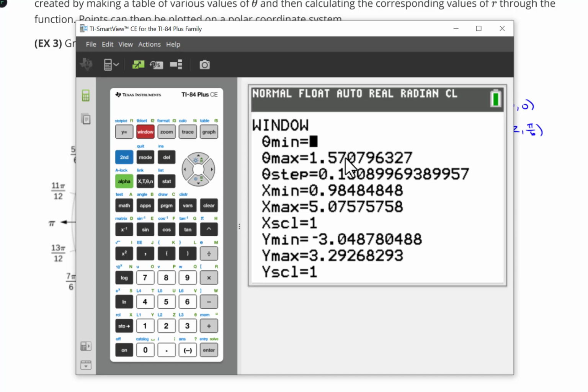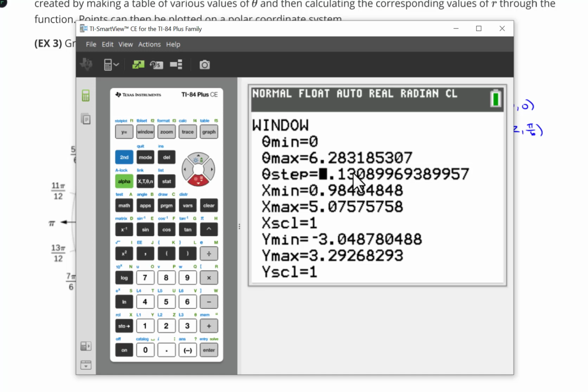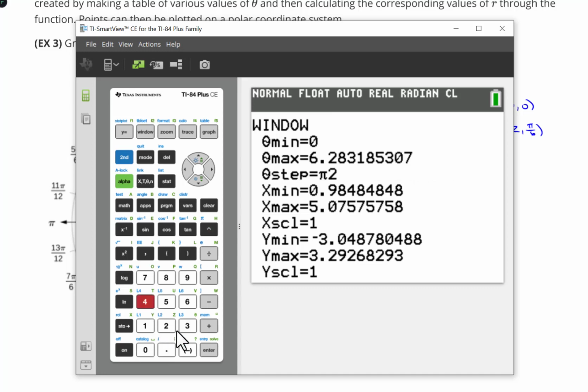Okay. All right, so theta min, theta max, I can go from generally 0 to 2 pi. It generally handles all polar graphs pretty well. Theta step, you want to have something small. So I tend to do like pi divided by 24.